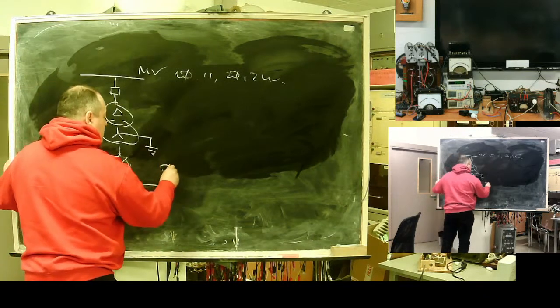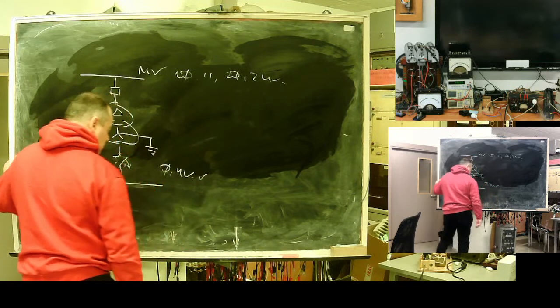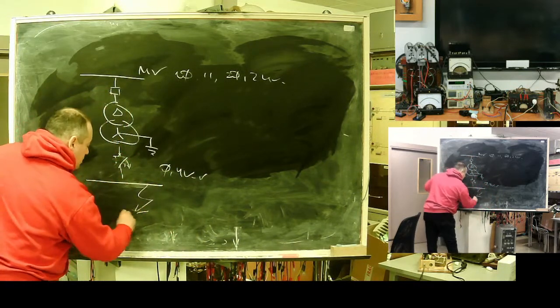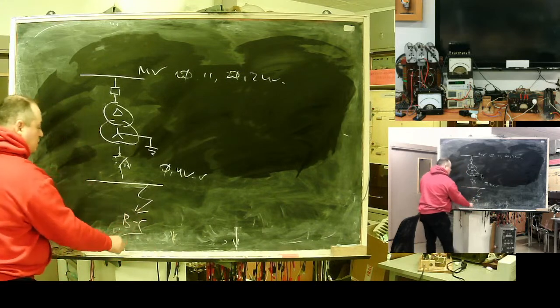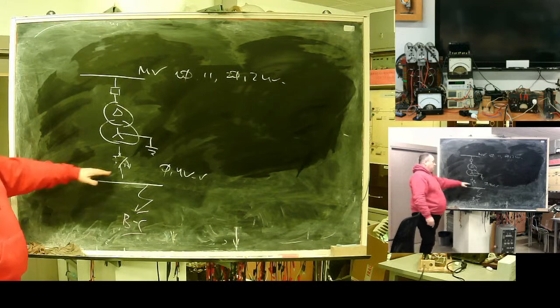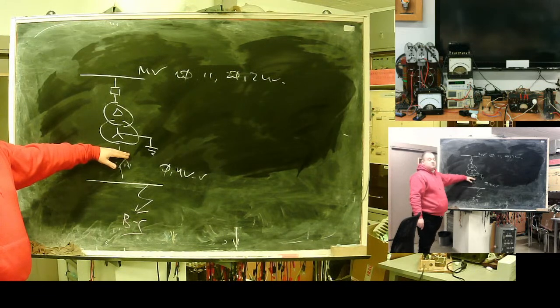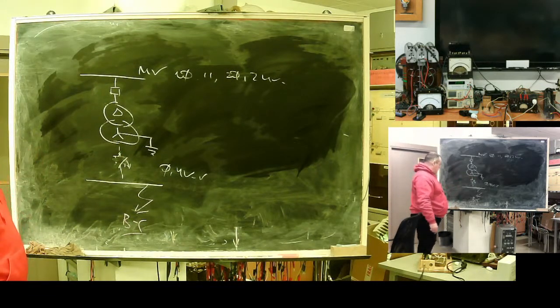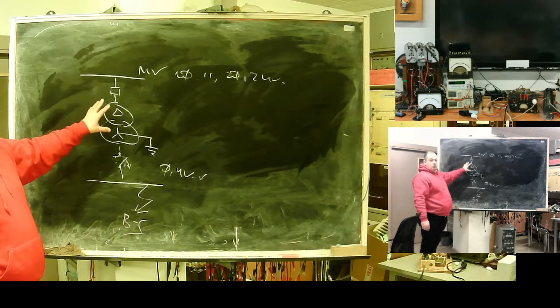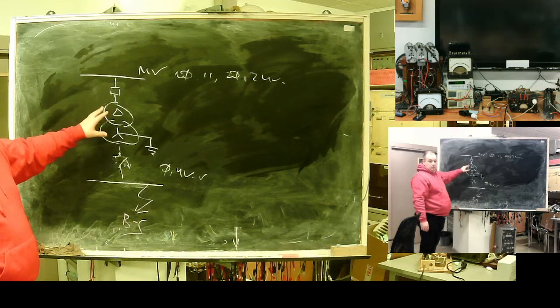So here we have 0.4 kilovolt bus, and we will model BC fault at a load here, maybe at this part. It's a very common kind of fault.